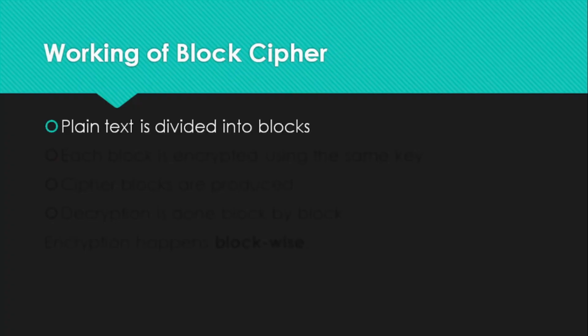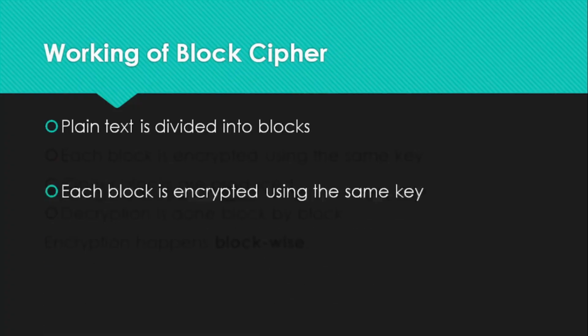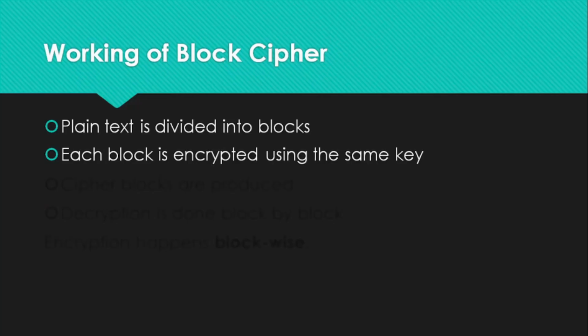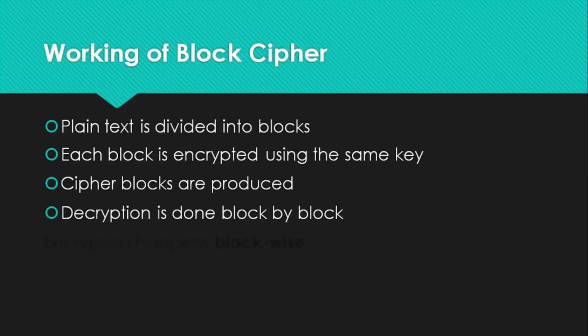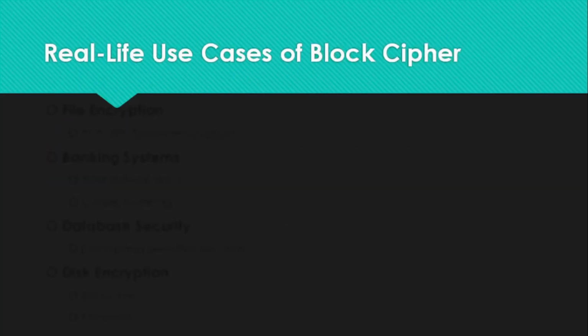Now let us understand the working of block cipher. First the plain text is divided into fixed size blocks. Each block is then encrypted using a secret key to produce the cipher blocks. During decryption, each block is decrypted separately using the same key. This method provides strong encryption and high security.